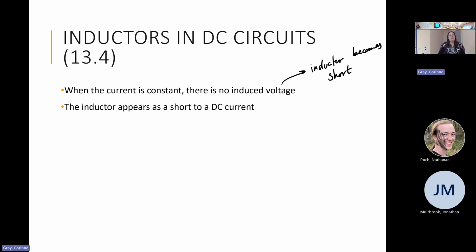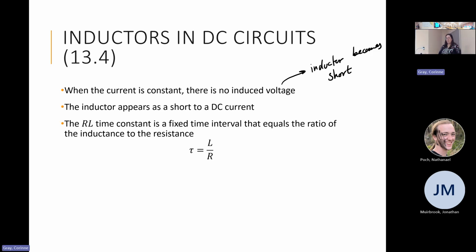With our time constant, for the RC circuit, tau is just equal to RC. For the RL circuit, the time constant is going to be the inductance value divided by the resistance, L over R. If we do the unit analysis on it, because this is also a time constant, it has the SI units of seconds.